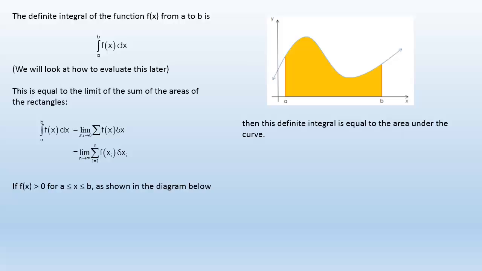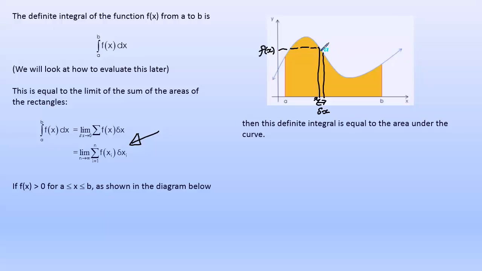Now let's just examine this, because this is probably the part that's most confusing to you at the moment. If we imagine that we have a very thin rectangle just here, much thinner than the one I've drawn, and we say the width of that is delta x, and if this point here is x, then the height of the curve at that point is f of x.